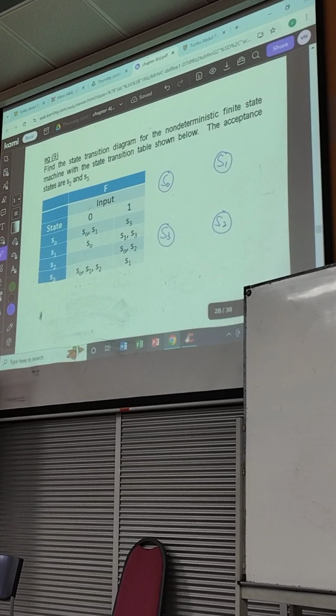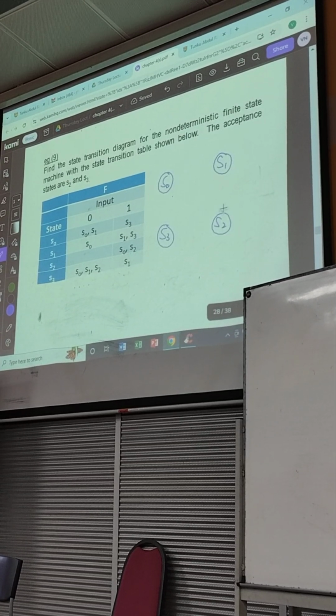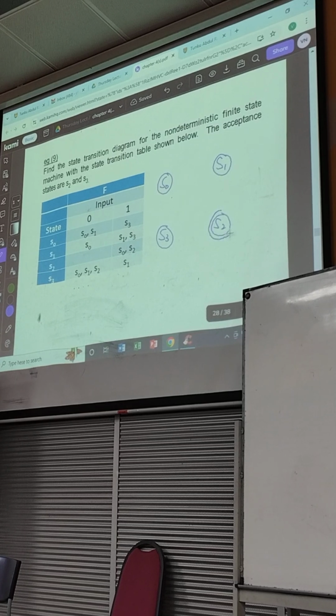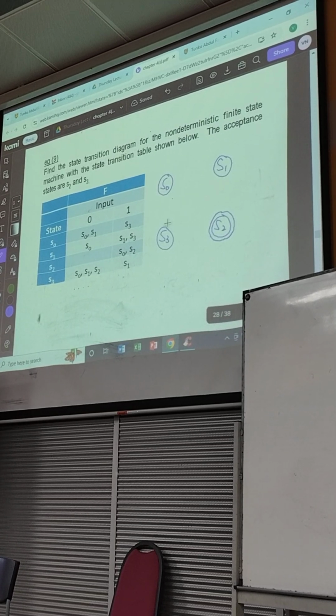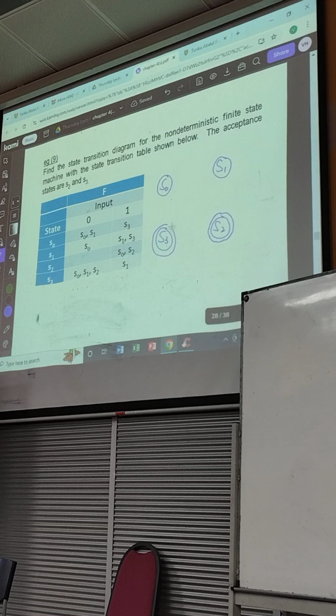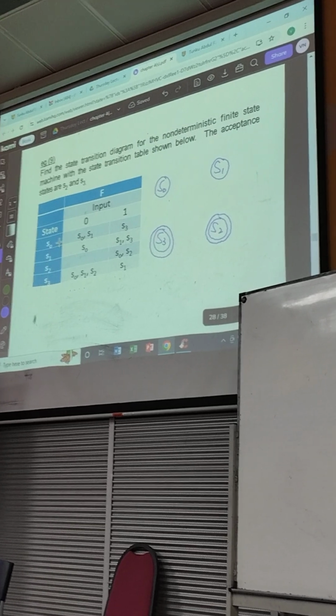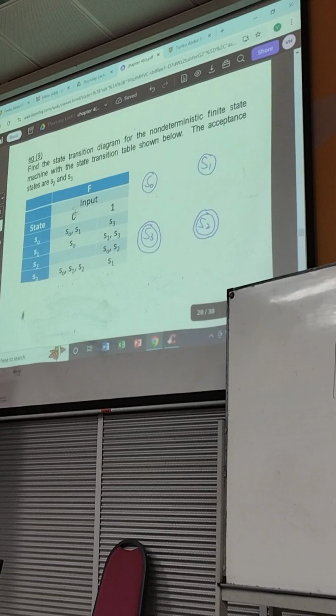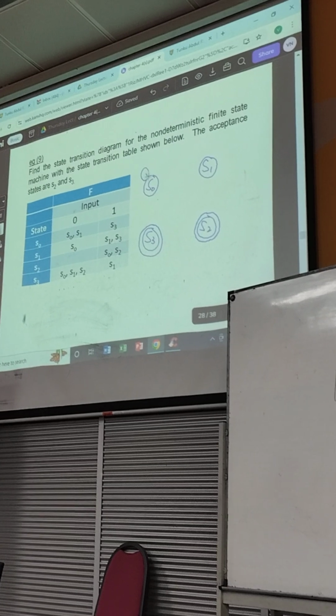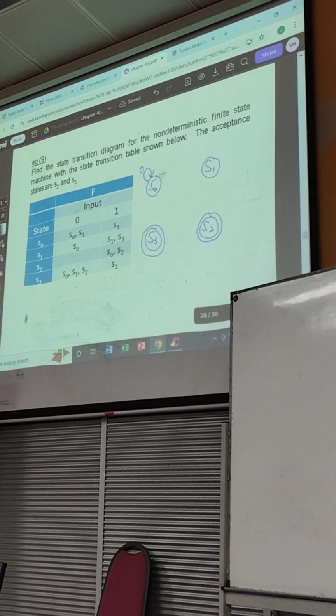Which one are the acceptance states? So, you see this table, S0 after input 0 goes to S0 and S1, isn't it?